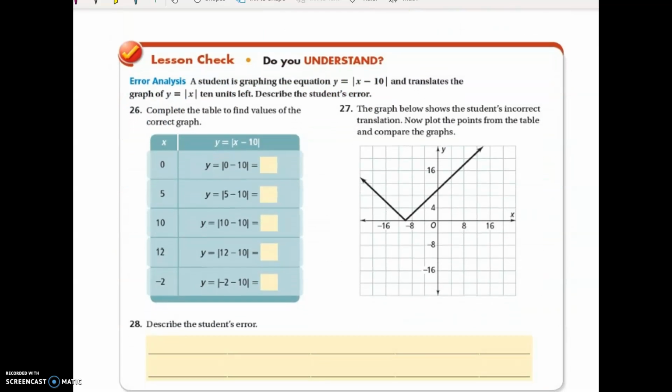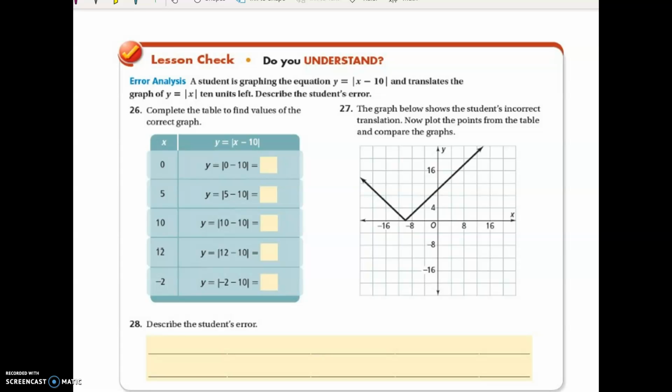So just a quick review. For here we have an error analysis question. So a student is graphing this equation and translates the graph 10 units left. So just describe the student's error. In this case, it's exactly what we talked about.